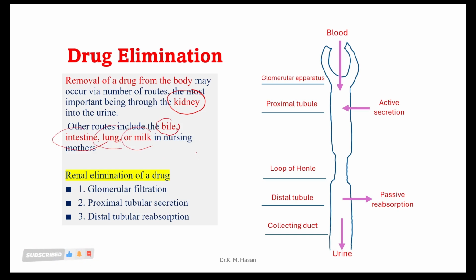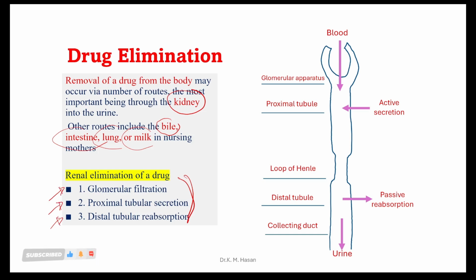If you look at drug elimination, we have three main processes: glomerular filtration, proximal tubular secretion, and distal tubular reabsorption. So here we are speaking about three main processes of drug elimination from the body.